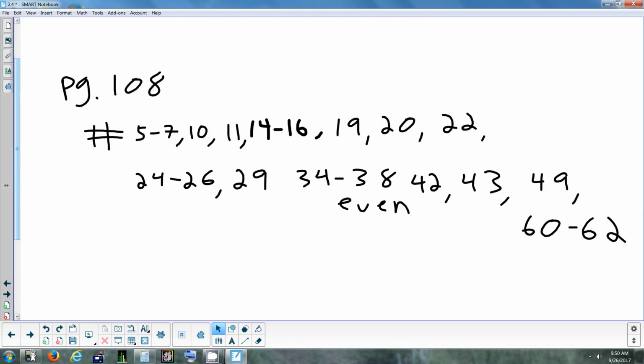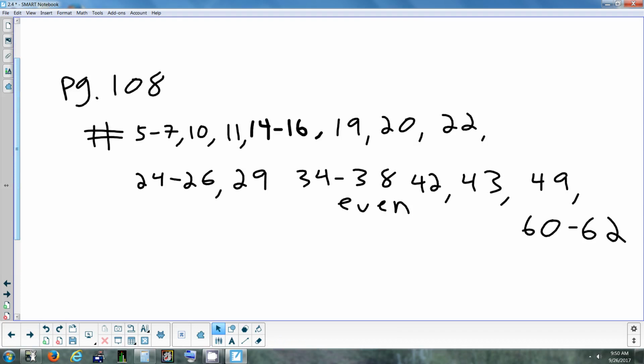All right, so homework tonight. It's all on page 108, it might go on to 109. It's 5 through 7, 10 and 11, 14 through 16, 19, 20, 22, then 24 to 26, 29, and then on 34 to 38, just the evens.